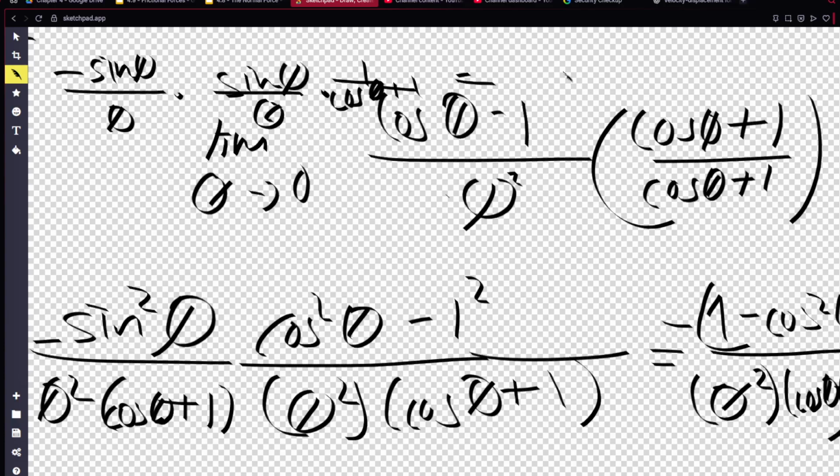Direct substitute it in. That would be negative 1 times 1, because it's a product, and then times the last one, which would be 1 over 2.